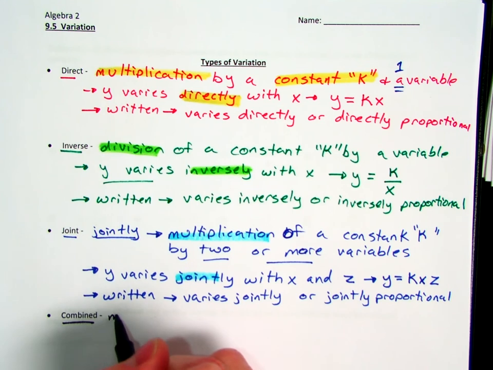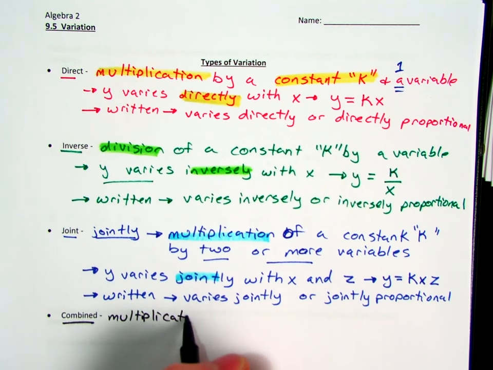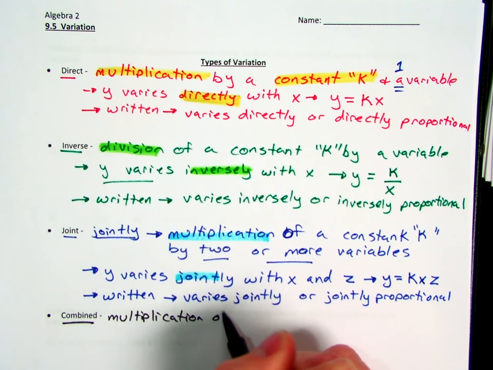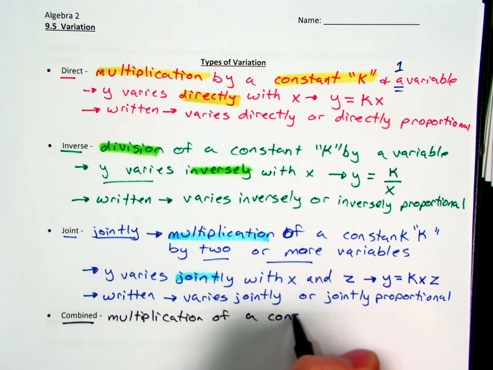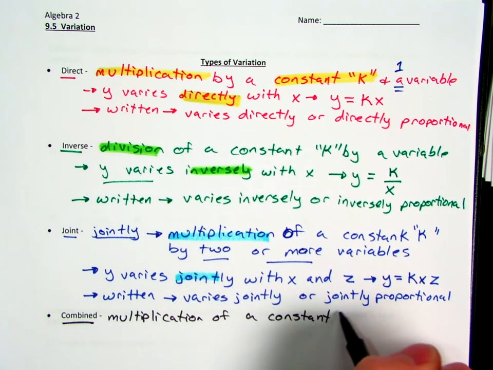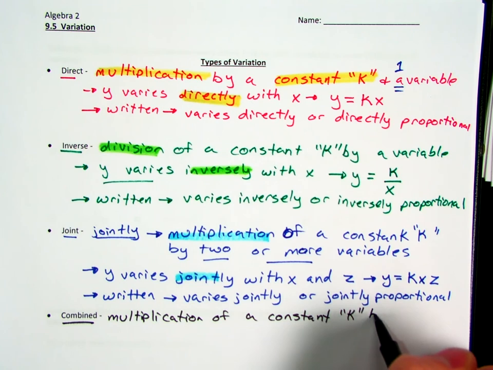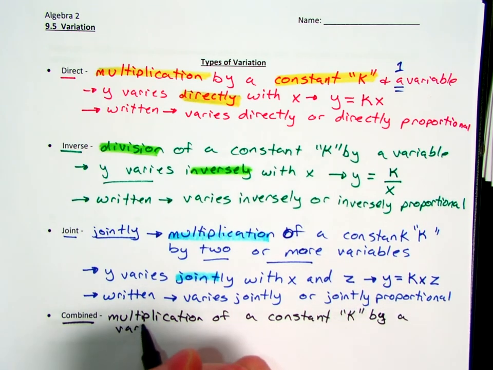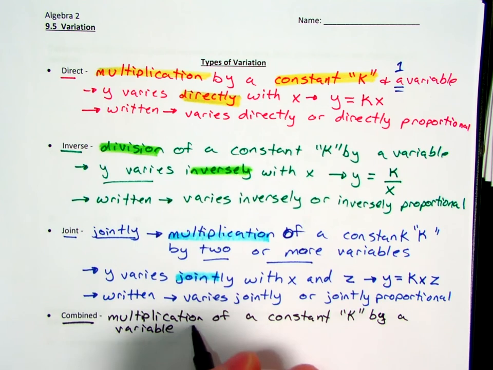So when we talk about combined, it would be multiplication of a constant k by a variable and division by a variable.